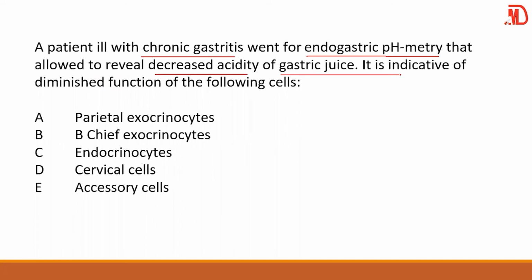You see, if you understand the concept, you don't have to struggle to know your answers, because you know that gastric juice is produced by the parietal cells, and they are found inside the stomach. As simple as that. So your answer is A, parietal cells.